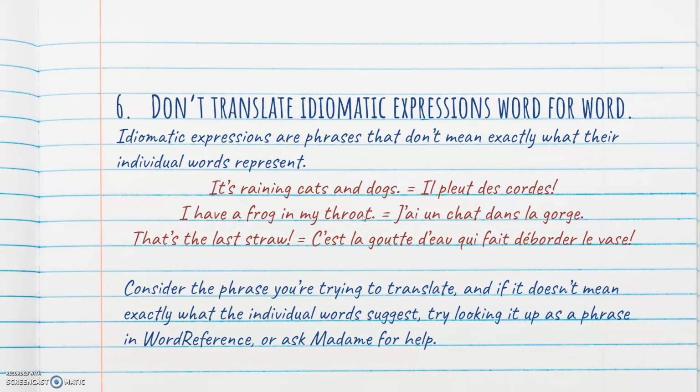I have a frog in my throat would be a phrase in word reference. That's the last straw is a phrase in word reference. So normally we're looking up just one word at a time, but if it's something where the phrase is a little different from the words, try looking it up as a phrase. If you can't find it there in word reference, then just ask me for help. Madame, how do we express this idea in French?